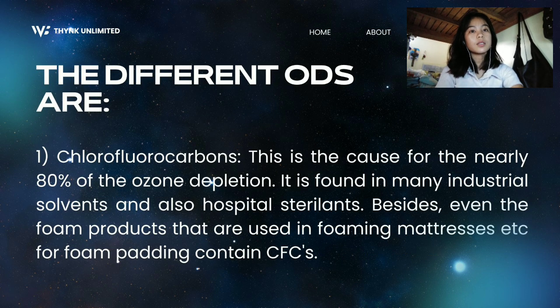The different ODS are first CFCs, also called chlorofluorocarbons. This is the cause of nearly 80% of ozone depletion. It is found in many industrial solvents and also hospital sterilants. Even the foam products used in foaming mattresses, etc., for foam padding contain CFCs.